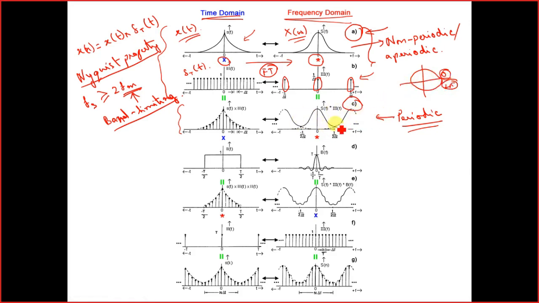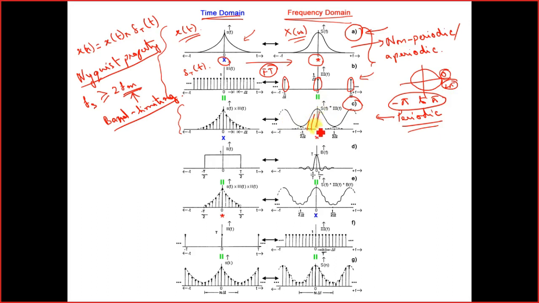So when there is a periodic signal, the frequency component will vary in the range of 0 to 2 pi, or minus pi to pi.